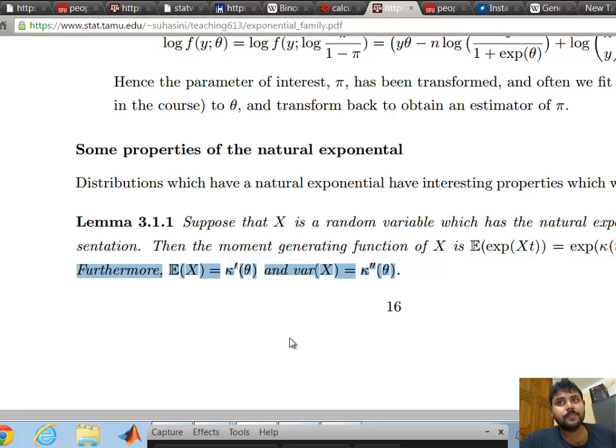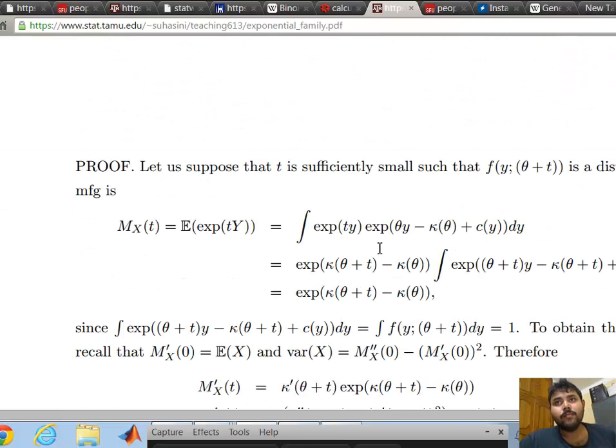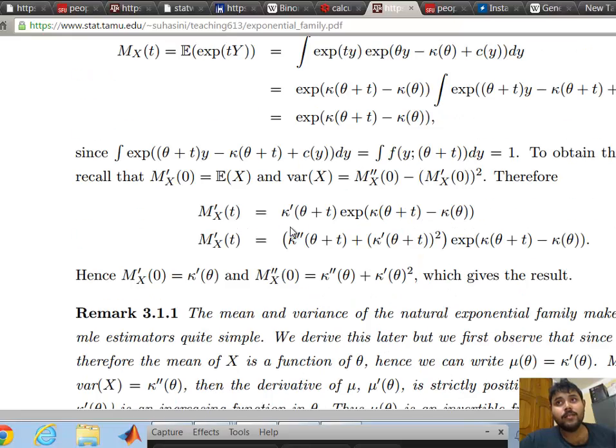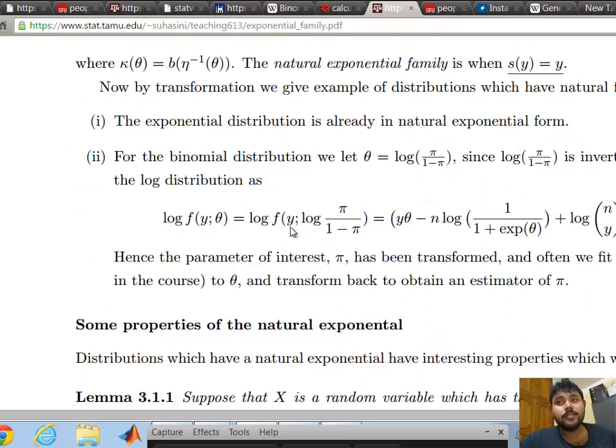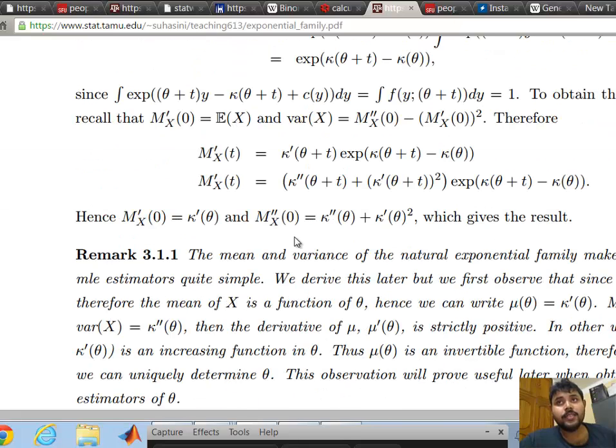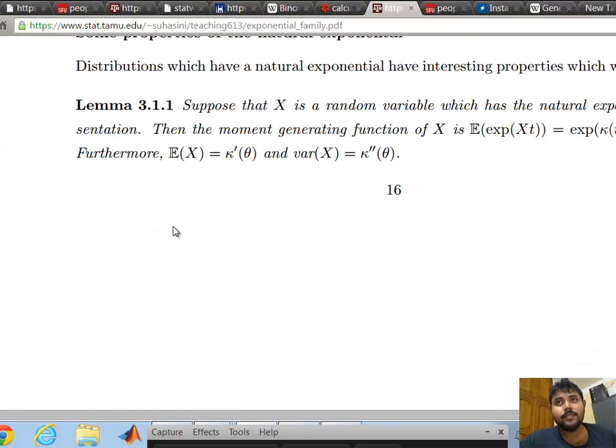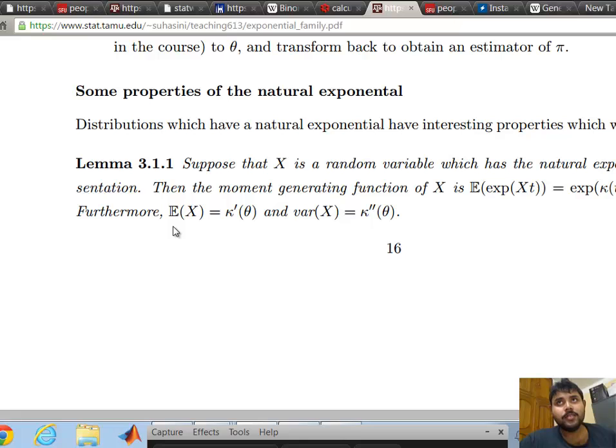So you can get these mean and variance properties. That's probably what your instructor wants when he has asked us to do this. The proof is nothing much complicated. All it requires is differentiation and integration by parts, but we can leave it for the moment as long as we have the lemma out here.